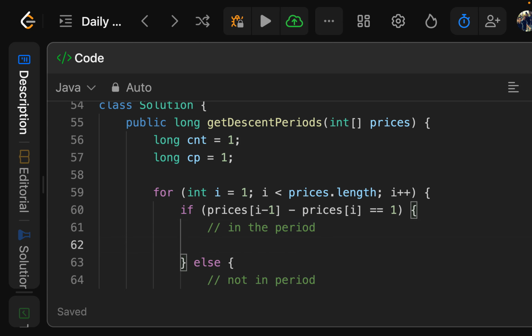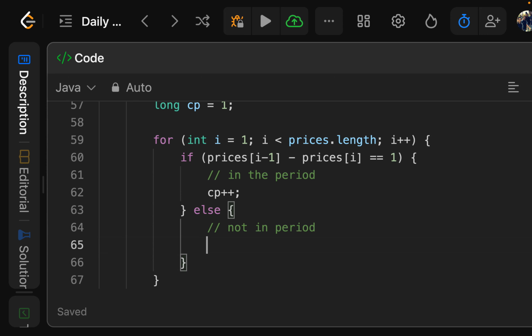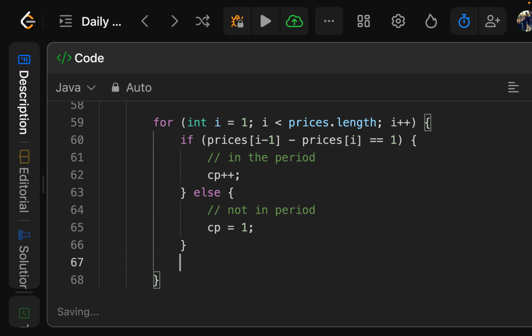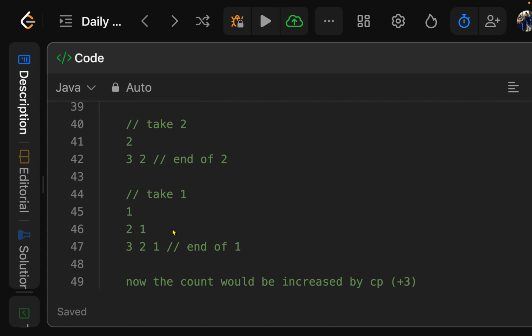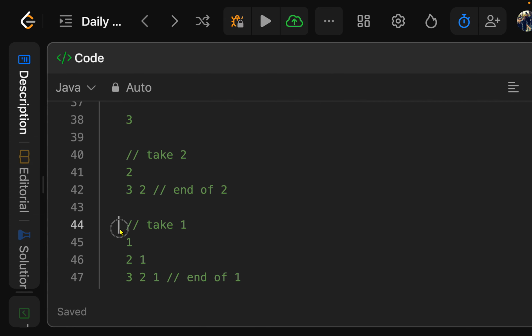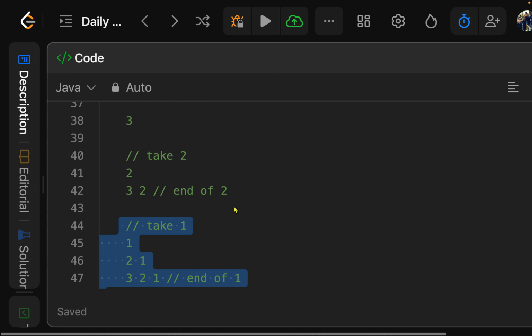So if it's in the period, I will increment the continuous period, plus plus. If it is not in the period, I will reset the period to 1. And now we know that it is a period. I need to include this within the count, and as we see that each period is responsible itself for its own count.